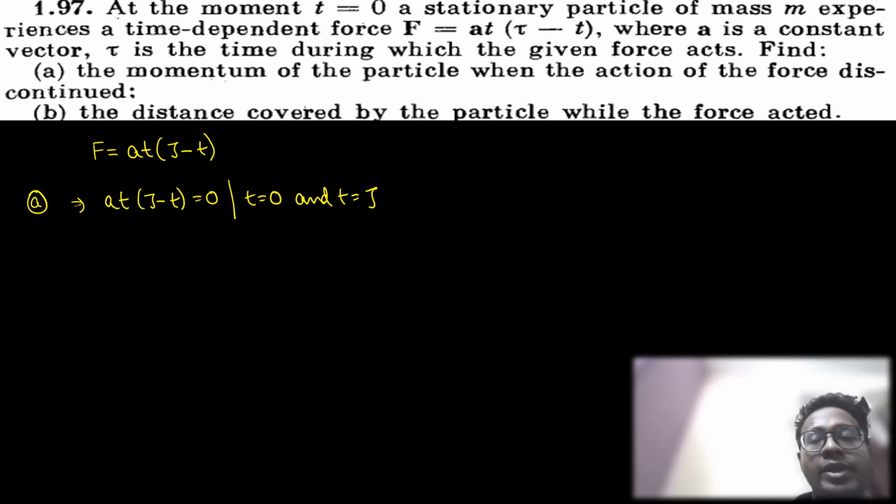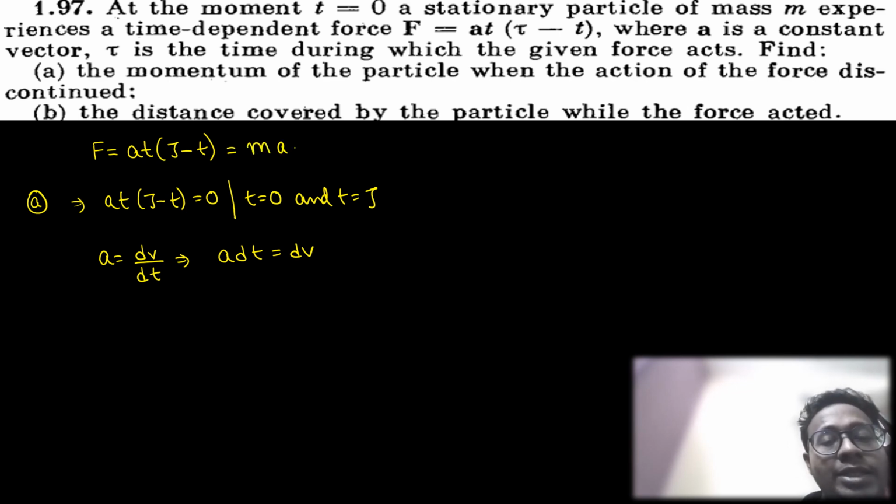Okay, fair and fine. Now how do I find out the momentum of the particle? Can I say acceleration a is equal to dv by dt, or a dt is equal to dv? We also know force is equal to mass into acceleration.